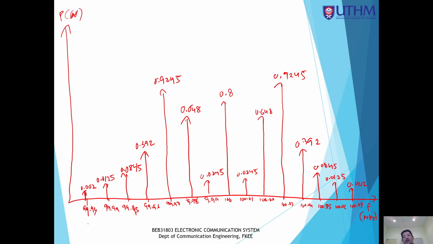So for the power spectrum, normally when we want to give the marks, the first thing we see is whether you draw correctly or not. The second one is whether you label correctly or not. If you draw correctly, that means you have 7 pairs of sidebands and also the carrier component.